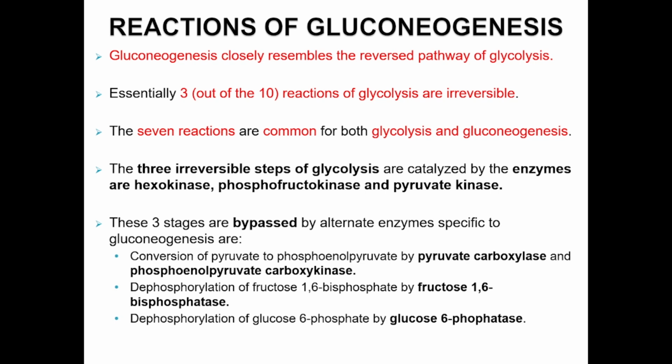If you remember, I said that in glycolysis, the first step, when we convert glucose to glucose 6-phosphate, is important for trapping the glucose. You need to convert glucose to glucose 6-phosphate to get trapped inside the cell. Here is the opposite. You remove the phosphate, and the glucose will be free.